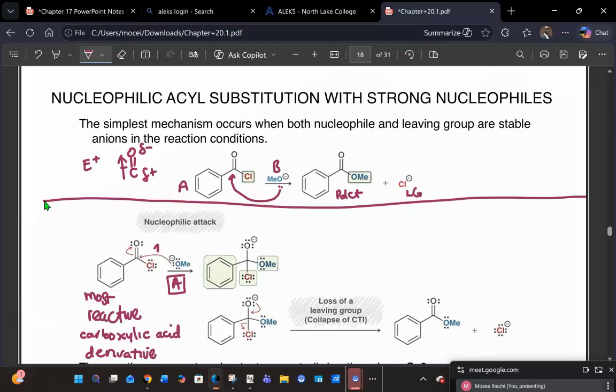But for sure, anhydrides and acyl chlorides will not start with a protonation step. They will start with an addition step. So you're adding, you're attacking, because that carbon I told you is positive, and the nucleophile is negative. Opposite charges attract. The best way I push my arrow is underneath, just to give the impression of an attack.